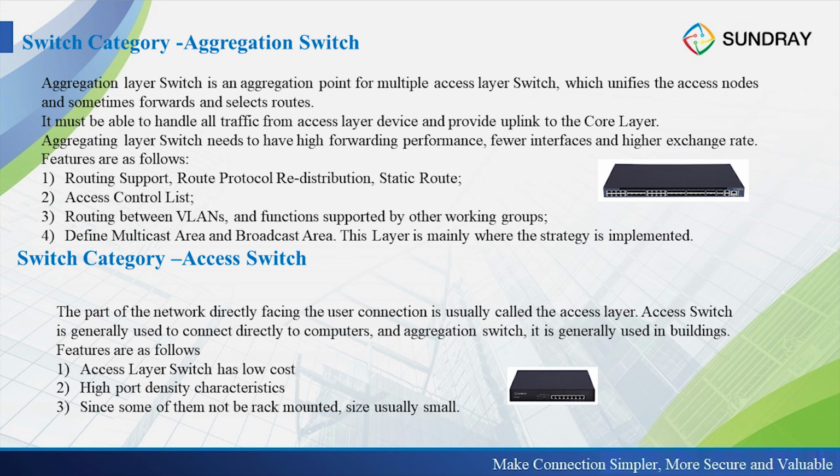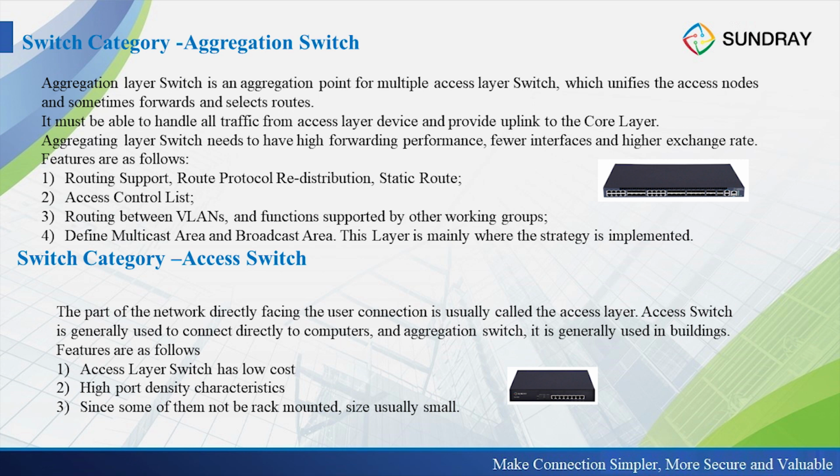For the aggregation switch, the aggregation layer switch is an aggregation point for multiple access layer switches. So the aggregation layer switch unifies the access nodes and sometimes forwards and selects the routes.